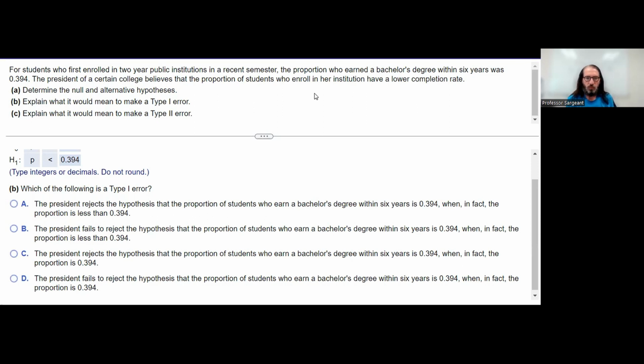And a type 1 error, it's not that any work is being done incorrectly, but that the evidence from the simple random sample is pointing towards believing the alternative hypothesis, that in fact it is less than 0.394. But if the null hypothesis is true, regardless of the evidence, then money is going to be spent trying to improve the completion rate there. So type 1 error.